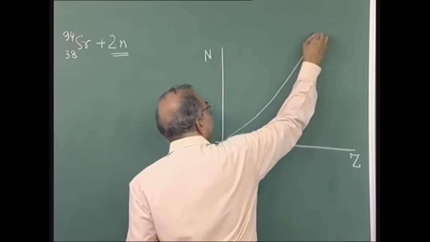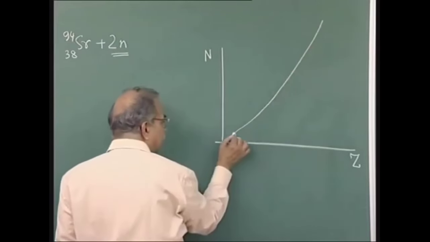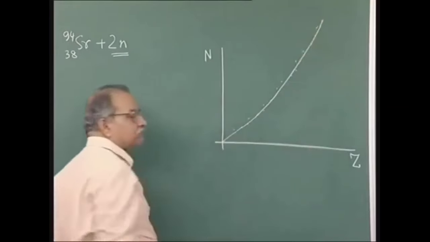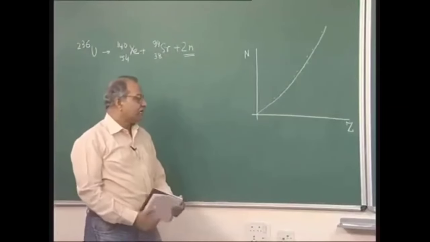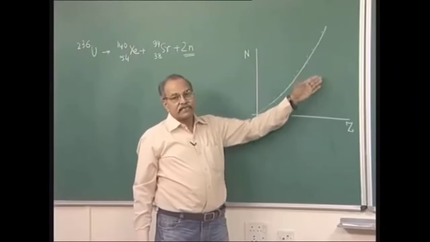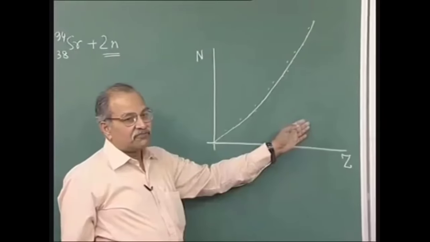It is like this. So, around this line are the beta stable nuclei. For heavier nuclei, you have more neutrons than protons.